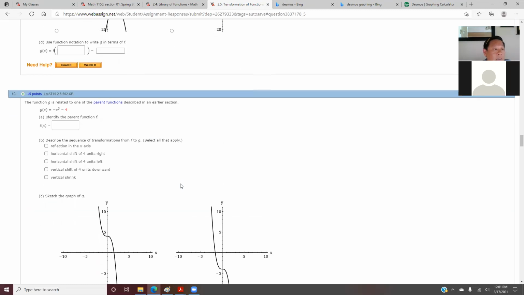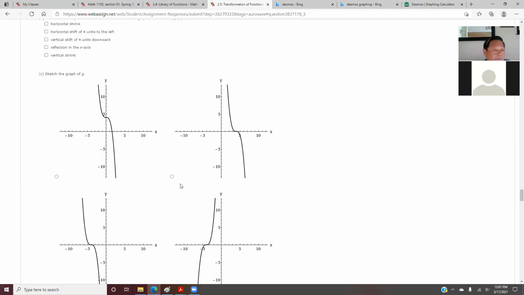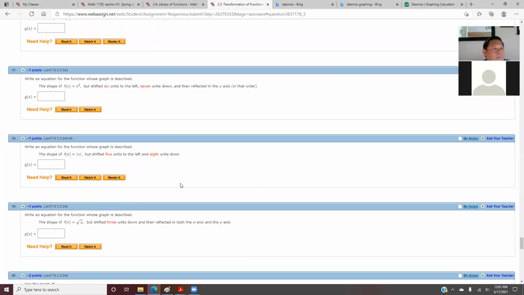17 and 19. So this one is the same thing. You just need to give me the function that is shifted 6 units to the left, 7 units down, and then reflected on the y-axis, in that order. So what happens when you shift 6 units to the left? You're adding 6.